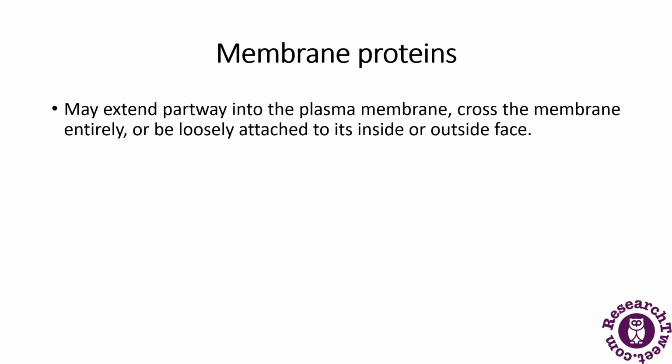Next is membrane proteins. Membrane proteins may extend partway into the plasma membrane, cross the membrane entirely, or be loosely attached to the inside and the outside face. In the plasma membrane, there is typically a single integral membrane protein that possesses a hydrophobic transmembrane segment consisting of about 20 to 25 amino acids.